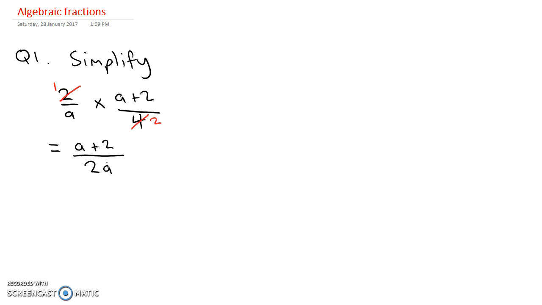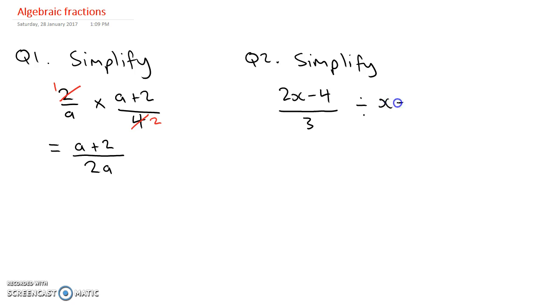Now let's do a division question. So let's simplify 2x minus 4 over 3 divided by x minus 2 over 6.